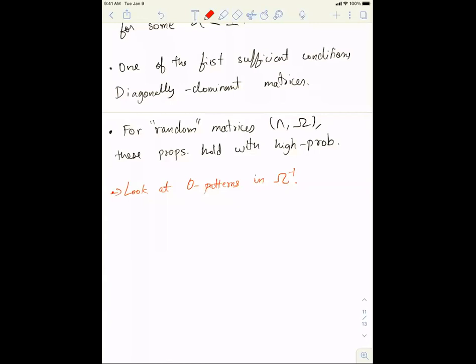We don't use sparsity at all, but sparsity could definitely help us, especially for a random matrices result. If the zero patterns of omega inverse are known, it will definitely help us. Yeah, thanks for that. We'll look into it.